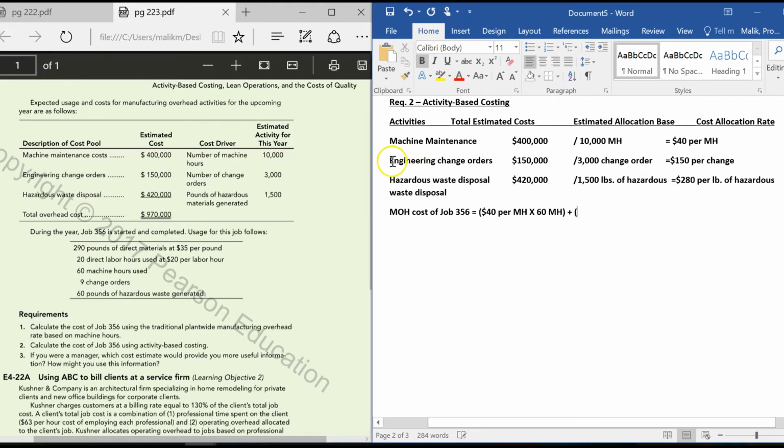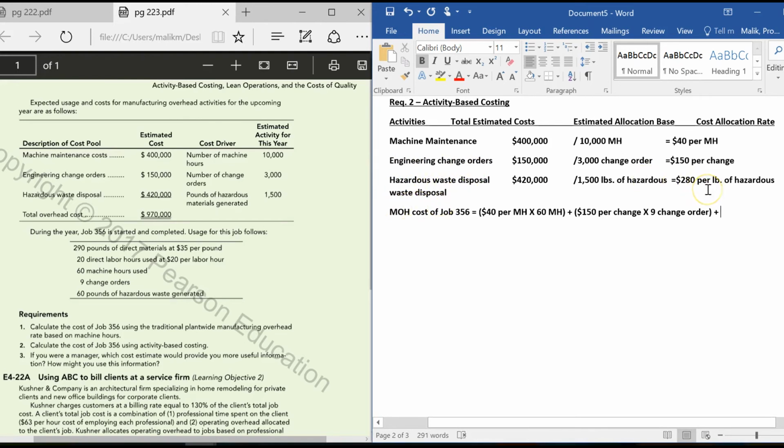Now for the second activity, engineering change orders, the rate is $150 per change. And if we check the main table, they actually have 9 change orders. So we multiply this rate by 9 change orders, and then we will figure out our engineering change order cost. Our last item is hazardous waste disposal cost.